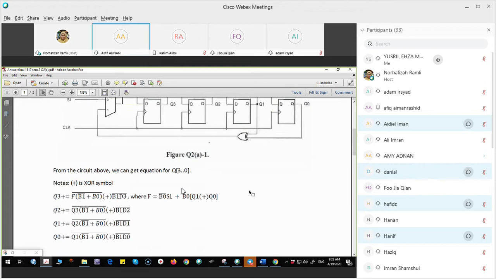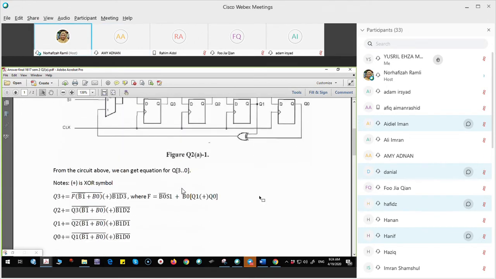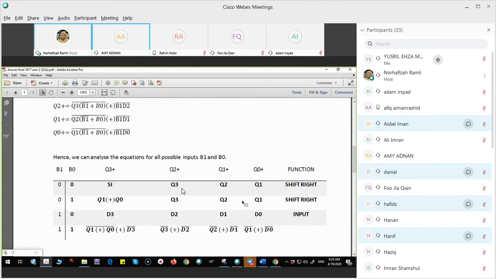For this one, we need to find the equation first. Yeah, you have to find the equation, but the equation itself is a bit confusing. It's difficult if you want to go through it directly, so we analyze the circuit first. So this is the equation you got, and then you plot Q3 plus.